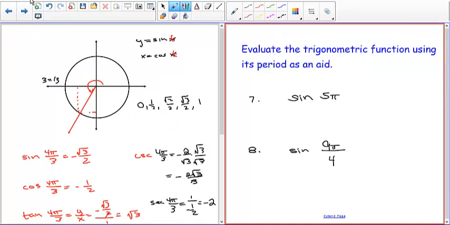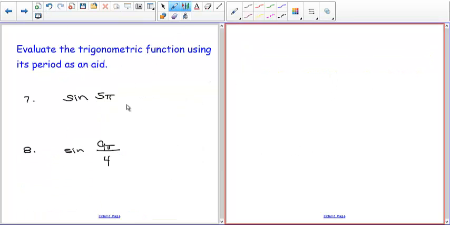Evaluate the trig function using its period as an aid. Okay, so these are all greater than 2 pi. So what you want to do is get them such that t, which is the argument, is between 0 and 2 pi.